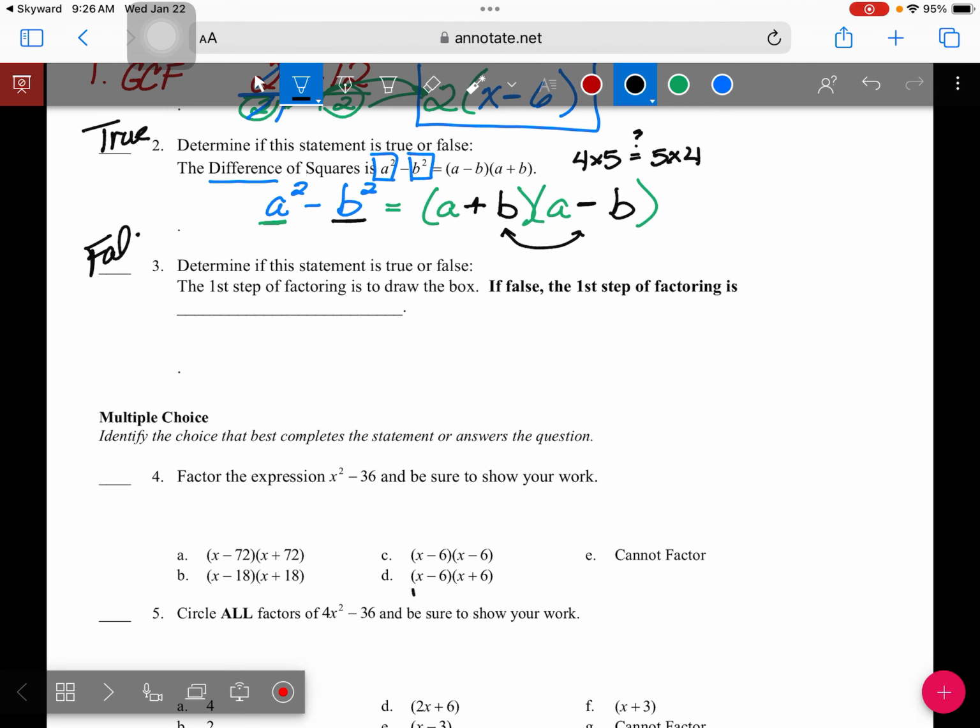What is the very first step? That's right. The first step is to look, and I always like to put the eyeballs in there, look for a greatest common factor. You might not have one, but you do need to look for one, okay?